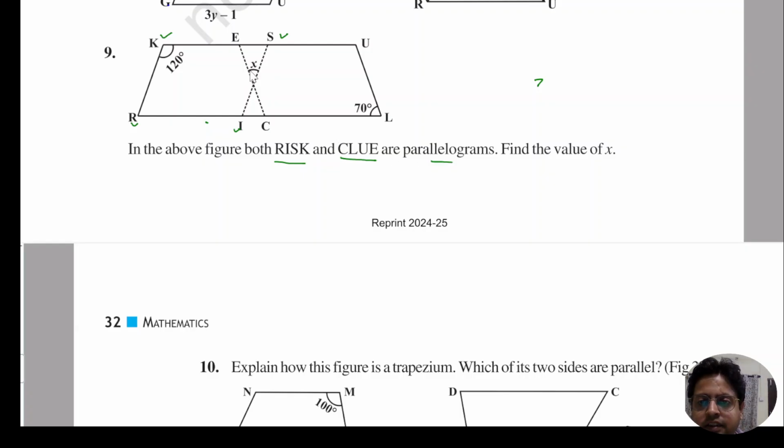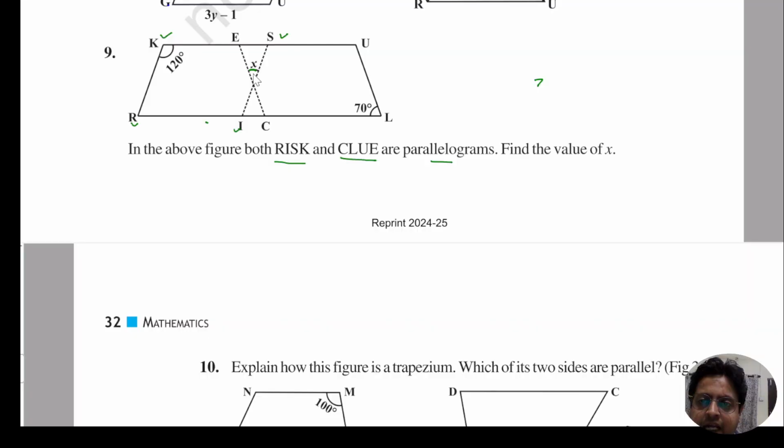This x is the angle formed where side IS and side CE intersect, the internal angle between the intersecting lines. So you have to find the measure of this angle.